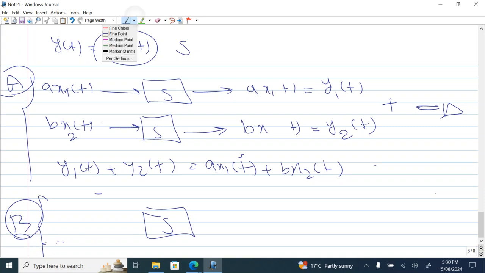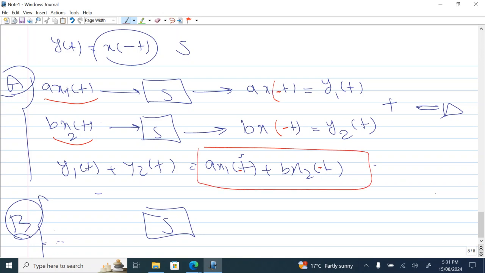Now, if I send ax1t, all it does is change t to minus t. It will be ax1 minus t. And then if I send bx2t, it will be bx2 minus t. So it doesn't change anything but t. And then you add them, what you will have is ax1 minus t and then bx2 minus t.